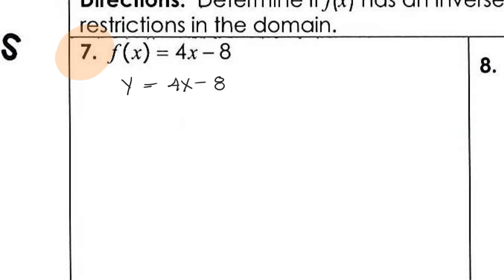The reason we do this is because inverses are reversed order. X's become y's and y's become x's. So when we're trying to find the inverse, look what happens when we switch these. Now instead of y equals, we have x equals, and everywhere we once had an x, we now have a y.